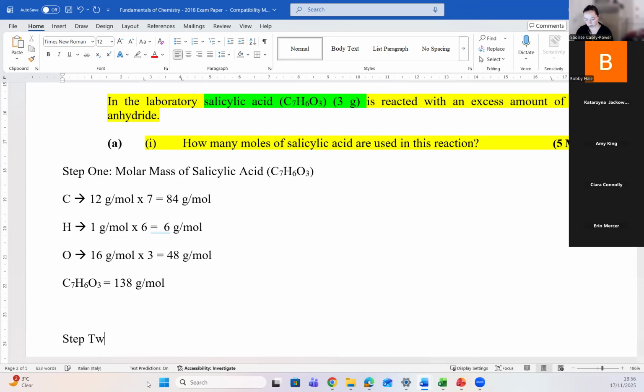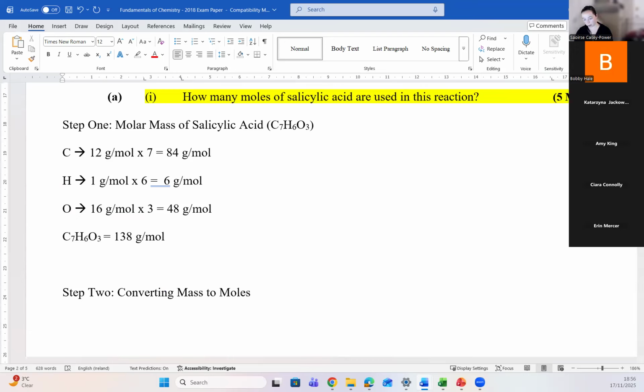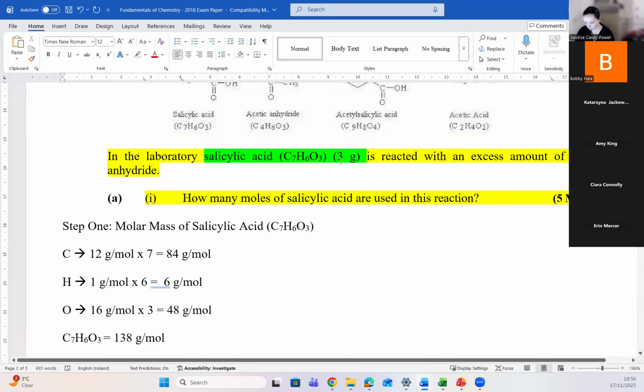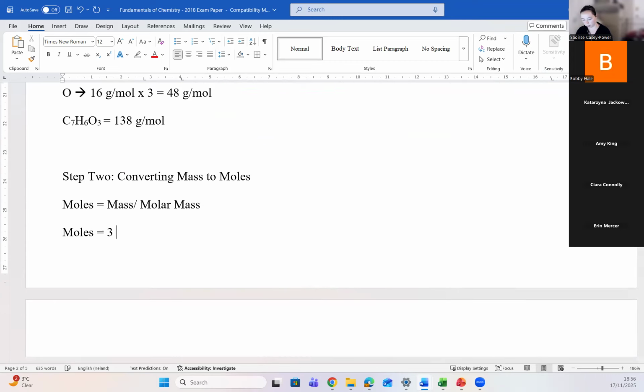So your step 2 then is converting the mass to moles, in the exact same way we've just done it before. From your triangle, your moles is your mass divided by molar mass. We're given the mass in the question, so that's going to be our 3 grams, and we've just worked out the molar mass as 138 grams per mole.